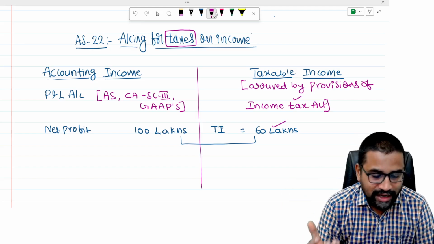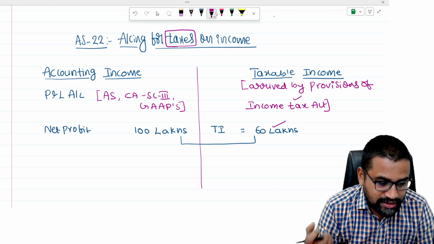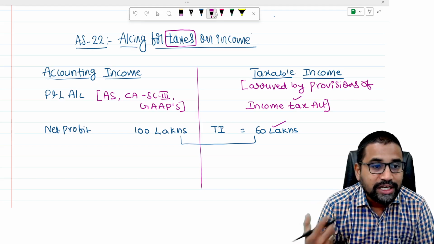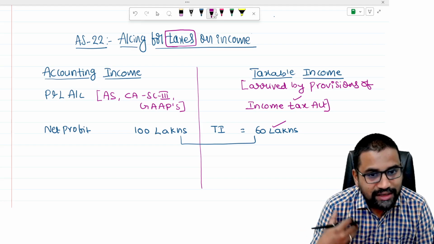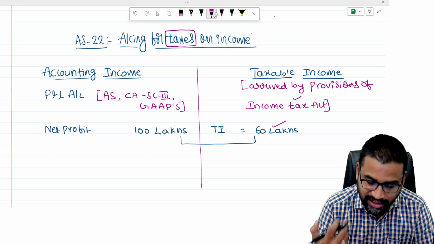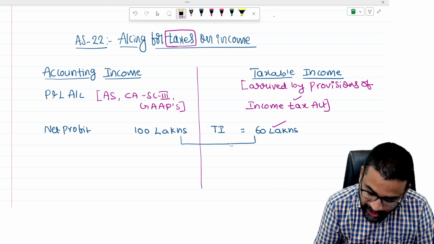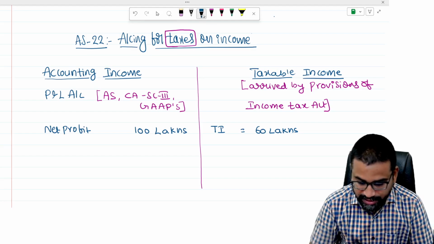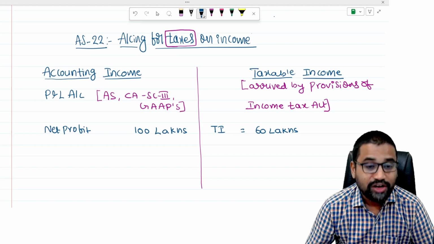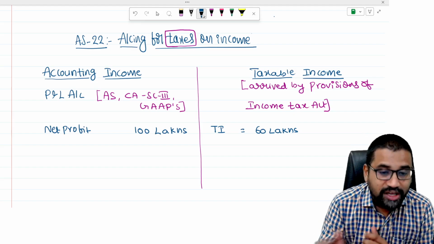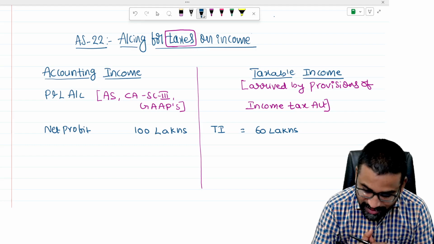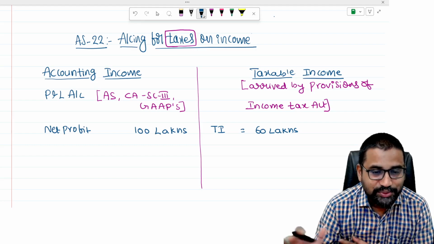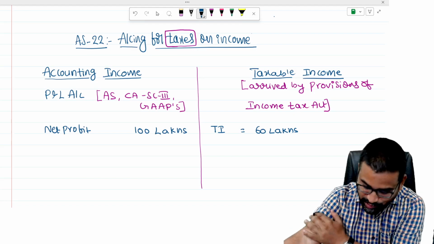Being professional students, income tax is one of your core subjects, so I think you all have some knowledge of it. Basic knowledge, which helps us understand things properly. We are not comparing accounting income with physics or chemistry. Every CA and CMA student knows the Income Tax Act.